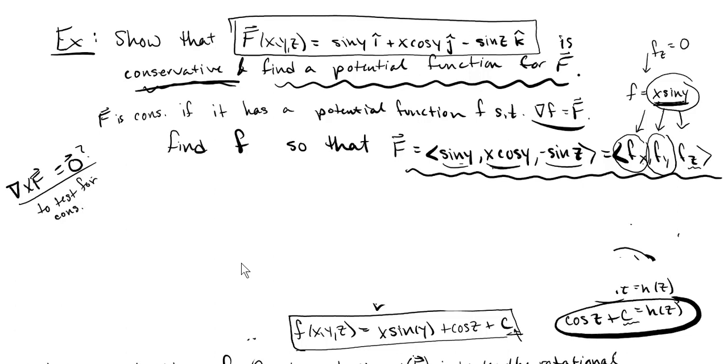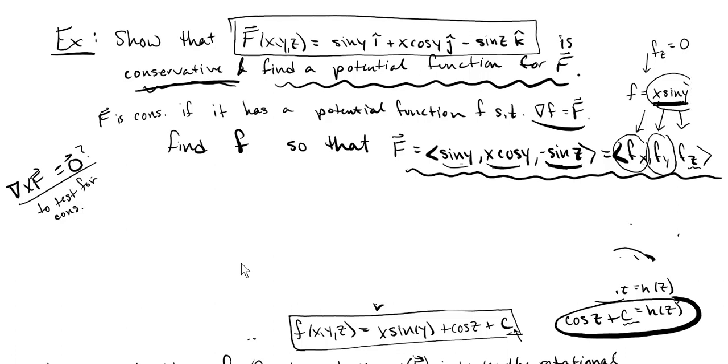So I say, okay, well, then something's wrong. I'm missing something from this function that was supposed to differentiate to negative sine z. Well, can I just add something that doesn't affect the x and y derivatives that I already have? Those worked out okay, but would fix this z derivative so that it comes out to negative sine z.